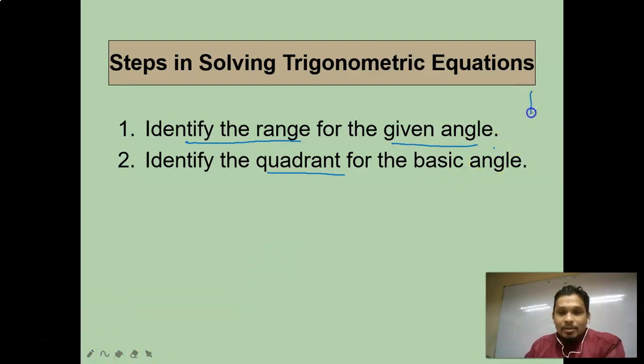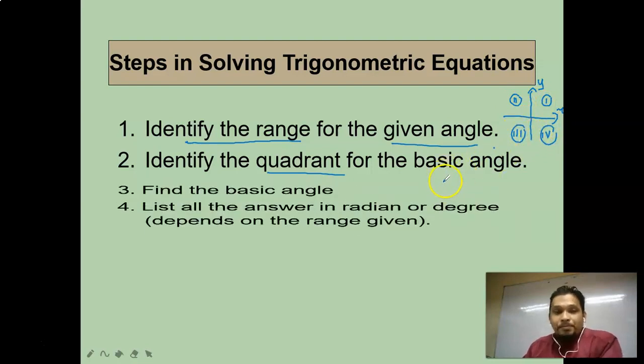So just imagine this is an x-axis and also y-axis. Here we define quadrant number 1, quadrant 2, quadrant 3, and quadrant 4: the first quadrant, second quadrant, third and the fourth quadrant.